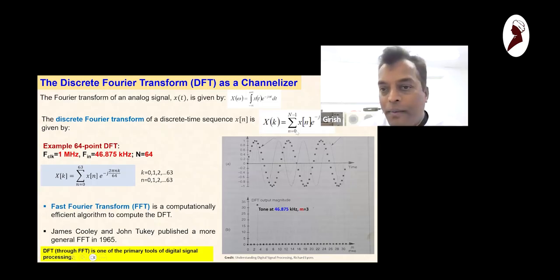You convert a signal from time domain to spectral domain, and similarly, you can also invert it. So if these black boxes here are 64 samples of a sinusoidal signal, and they are fed to an FFT function, a DFT function, and if the sampling rate was 1 megahertz, that is, every microsecond you picked up one of these boxes, and then if you collect 64 of them and pass them through this discrete Fourier transform, then you will be able to get the input tone at 46.875 megahertz.